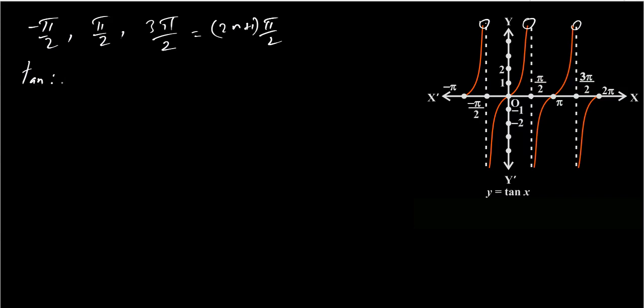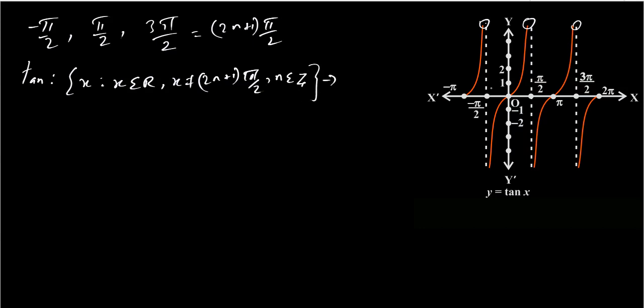So the domain of tan will be the set of all x such that x belongs to R and x does not equal 2n plus 1 into pi by 2, where n belongs to the integers, n belongs to Z.